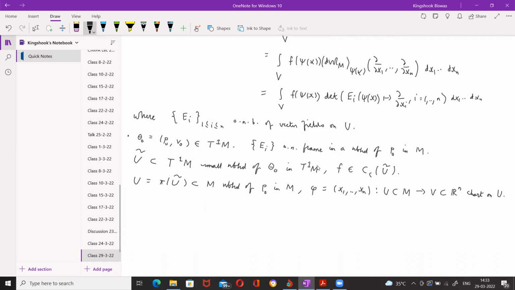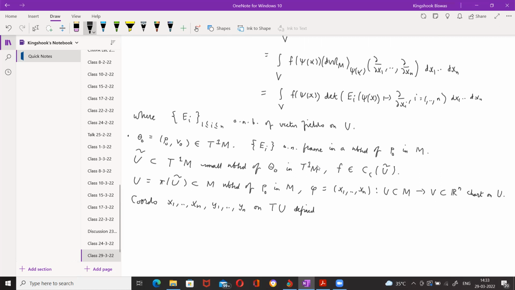All right. Now I want coordinates on TU, so we have coordinates x1 to xn, y1 to yn on TU defined as follows.